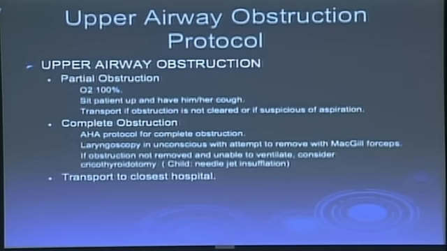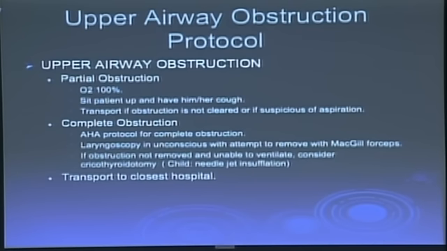If you can't remove an obstruction and you're unable to ventilate, consider a cricothyrotomy. We will not practice cricothyrotomy in the skill session, but we're going to set that up as part of our advanced airway, as part of our PCEP skills over the next few months. We have a new approach for some of this, I think.